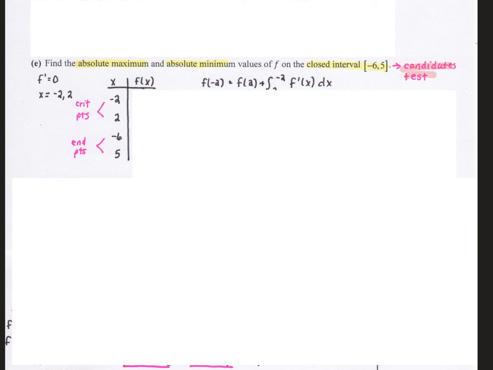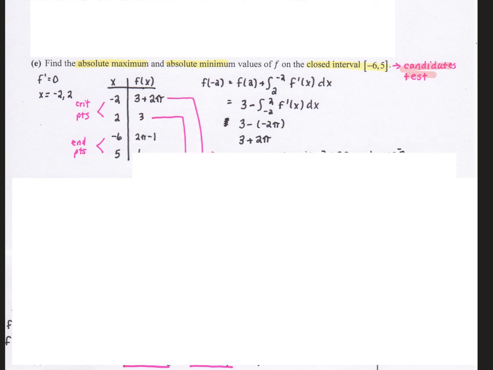Some are easier than others because I've actually found some of them. F of -2 I haven't found, but I'm using that formula that I wrote in part A and just plugging in -2. I have to do the little switcheroo thing with the limits to get them in the correct order, which makes that a negative. And then I just find the area from -2 to 2. Because that area is falling below the x-axis, it's a -2 pi.